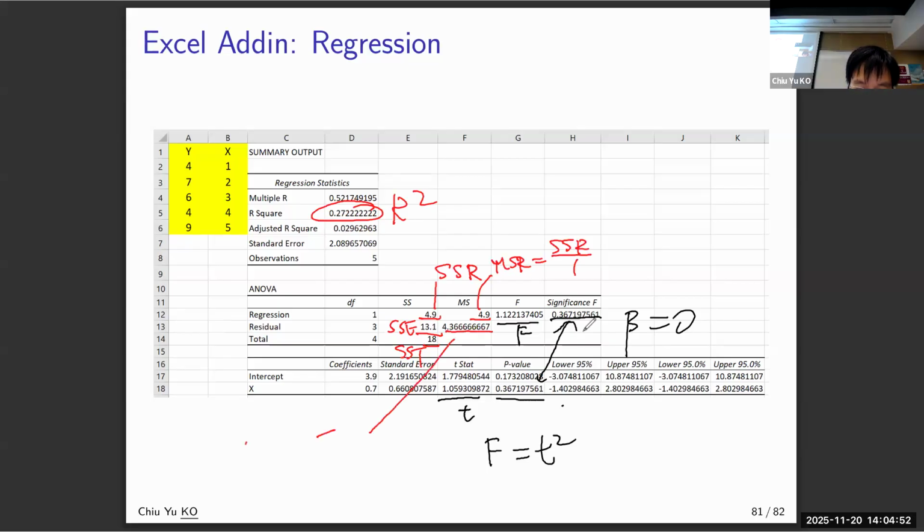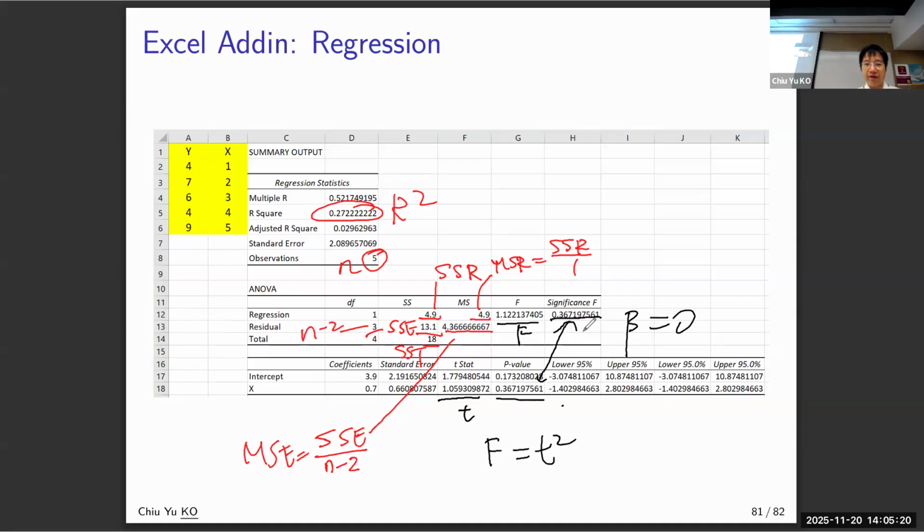This is MSE, this is SSE divided by n minus 2. Okay. In this case, n is 5. So divided by 3, which is n minus 2. This is 3. It's n minus 2. Okay.